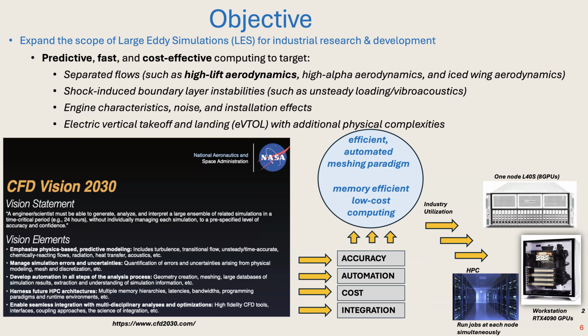Once we pass the accuracy, we would like to have a robust, automated workflow, because that will reduce the turnaround time for the CFD technologists, and then cost, like how fast it can be, and what it costs in terms of dollar value or energy utilization. Once we have all those three swim lanes optimized, then we can talk about integration.